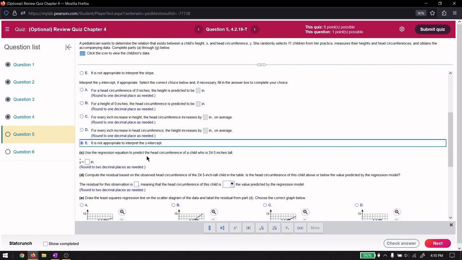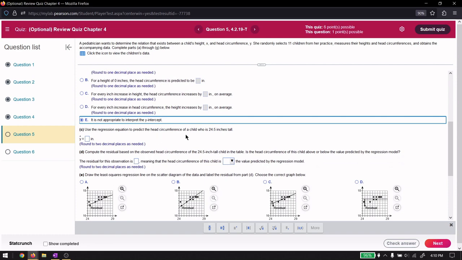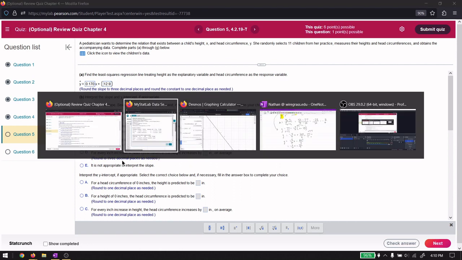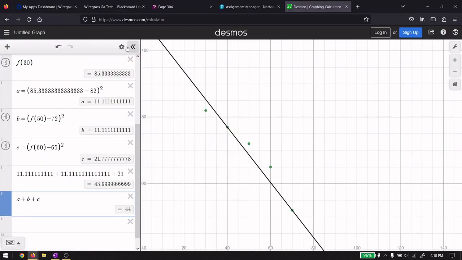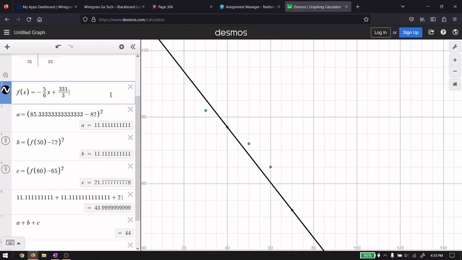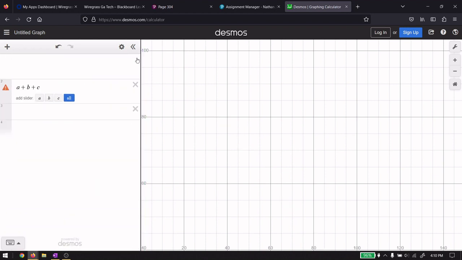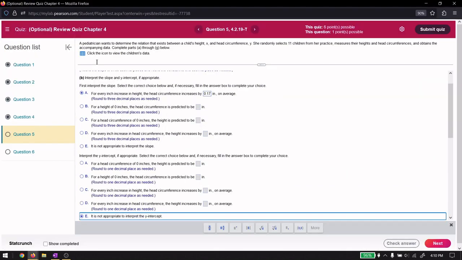Okay, use the regression equation to predict the head circumference of a child who is 24.5 inches tall. In other words, plug 24.5 into this equation. This is easiest done on Desmos. We can use this calculator actually. This whole portion of the slide is just a scientific calculator. So if we have our function 0.170x plus, what was it?